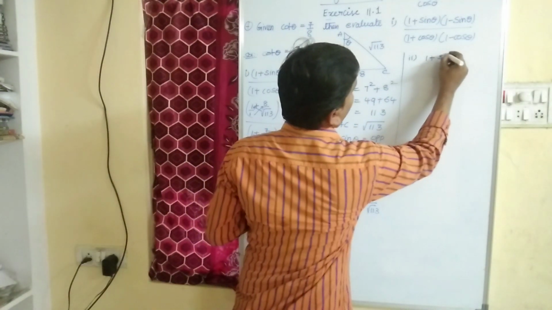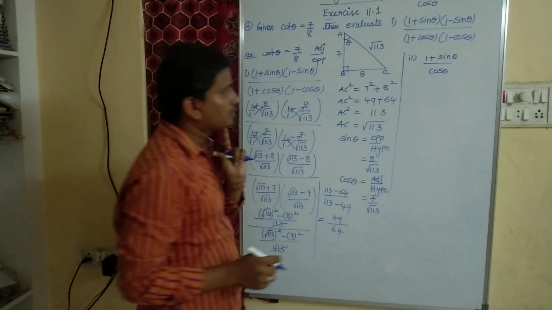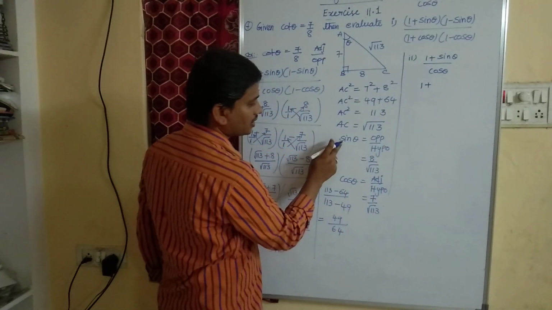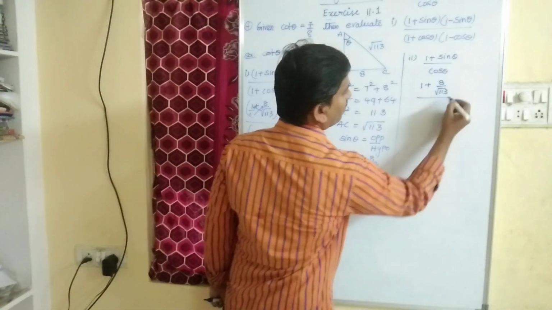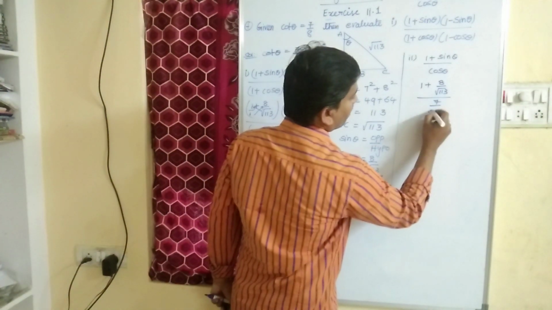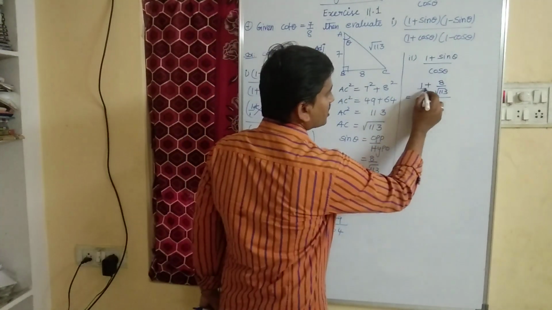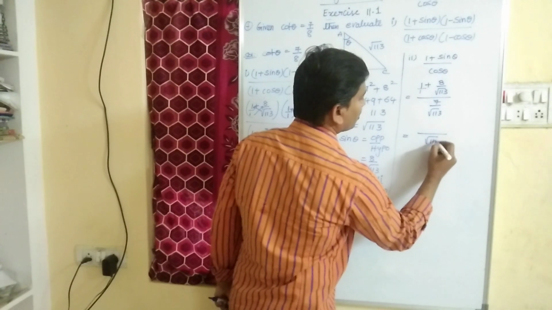1 plus sin theta by cos theta. So 1 plus, what is the value of sin theta? Sin theta is 8 by root 113 divided by, what is the value of cos theta? Cos theta is 7 by root 113. Right? Nothing in the sense 1 root 113 LCM is root 113.